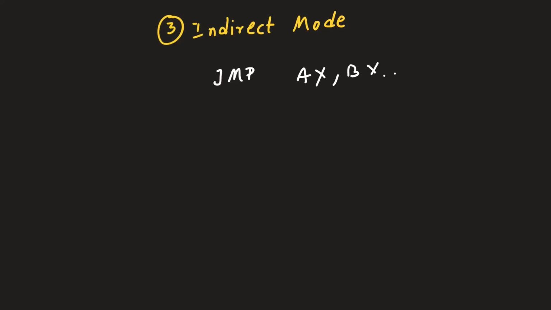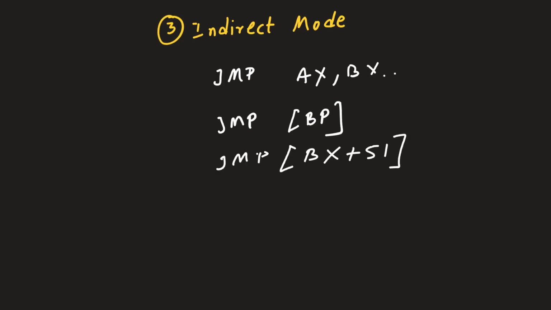It can use a relative register, that is jump BP or jump BX or jump DI, jump SI, but within brackets. So these will be now memory pointers where the jump address is located, or a relative register with a displacement. The opcode of this indirect jump is FF.